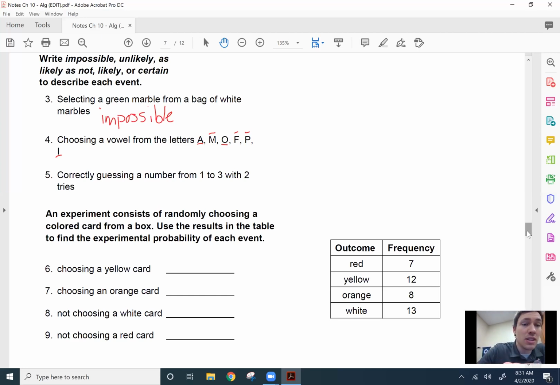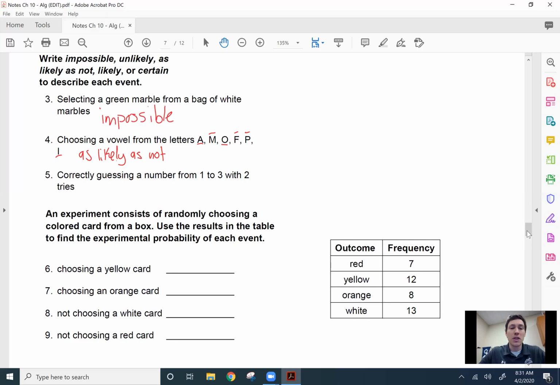So it's as likely as not. That's how they're phrasing that. It's just as likely to pick a vowel as it is to not pick a vowel, in other words, to pick a consonant.